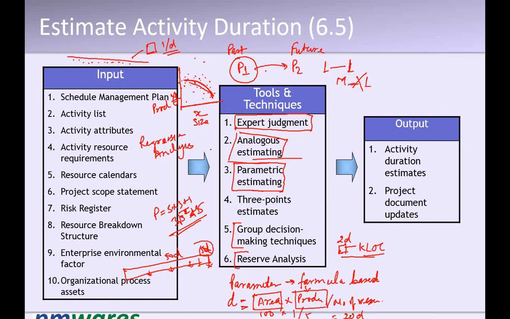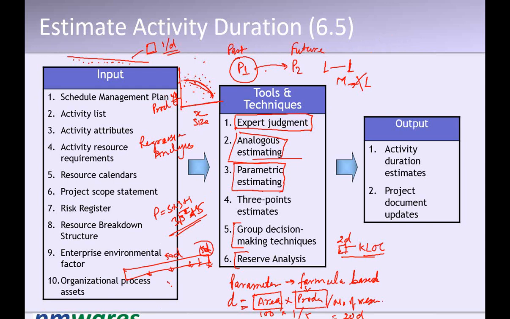So do we add this buffer to the total duration, or do we apply it to the different parts? How do we apply this? Total duration. Always add the buffer in the final estimate. So you have several activities from here to here, 5 days here, 2 days here, 5 days here, 3 days here, 7 days here.